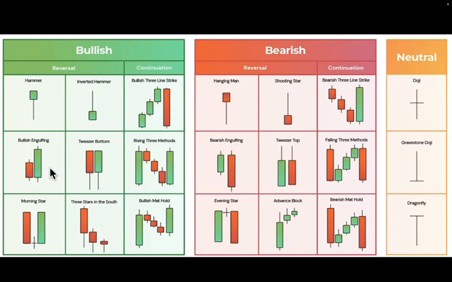So let's put it this way: a bullish engulfing candlestick pattern signifies a potential reversal from a downtrend to an uptrend. It usually happens at the bottom of a downtrend, where you see a red candle.